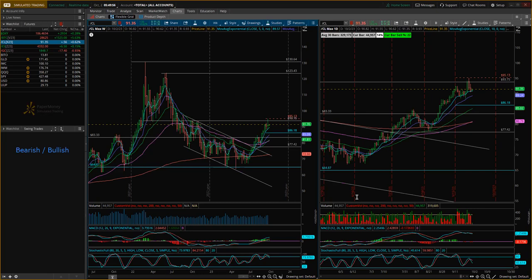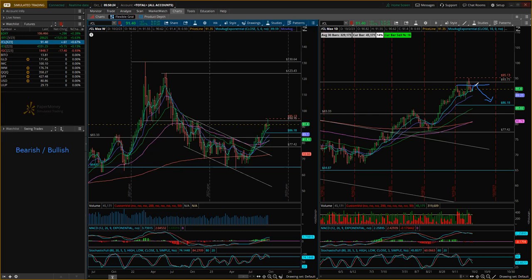Why am I long? Because I think we might have some dead cat bounce over here, and then I think it'll go down. I think I have to tell you that I'm long four contracts. But I'm going to sell them before we hit this previous high.